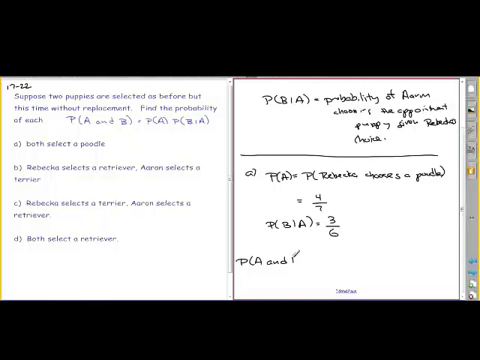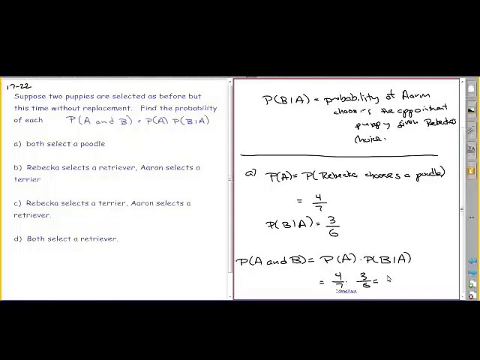So the probability of event A happening, which is Rebecca picking a poodle and Aaron picking a poodle, is going to be equal to the probability of Rebecca picking a poodle times the probability of Aaron picking a poodle, given that Rebecca has picked a poodle.